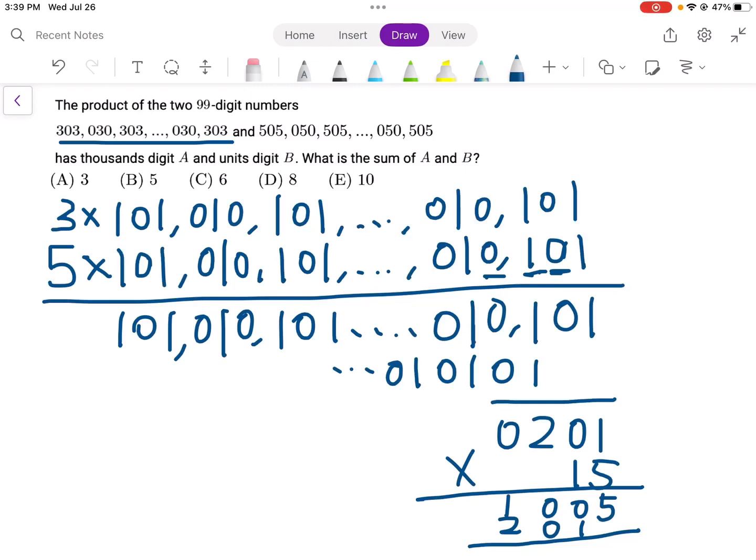And that gives us 3, 0, 1, 5. Therefore, the thousandth digit is 3 and the single digit is 5, and their sum should be 8. So the answer is D.